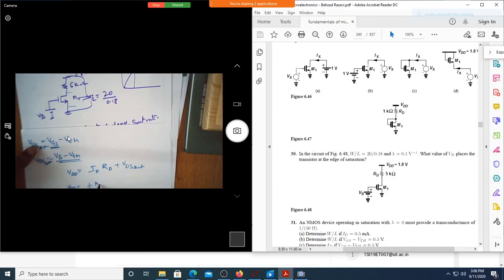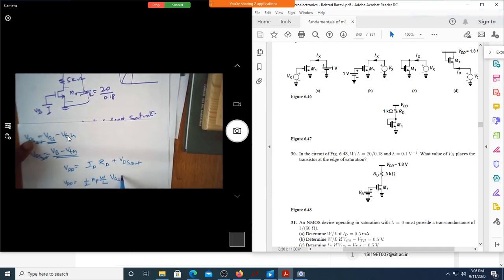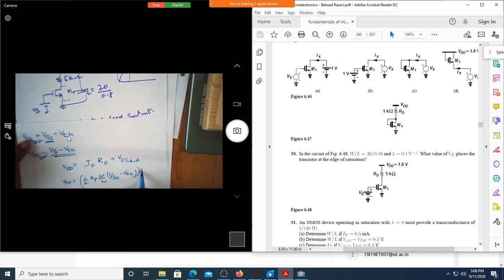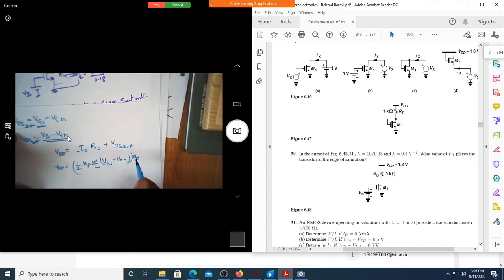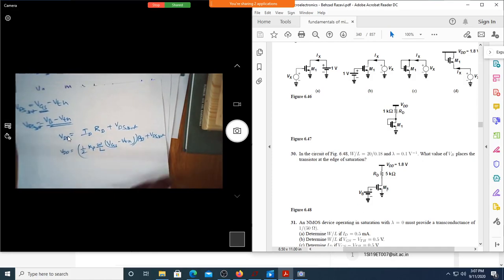Half of Kp W by L, VGS minus VTH whole, into RD, plus VDS sat. Am I correct? Because you are supposed to find at the saturation what is the voltage.